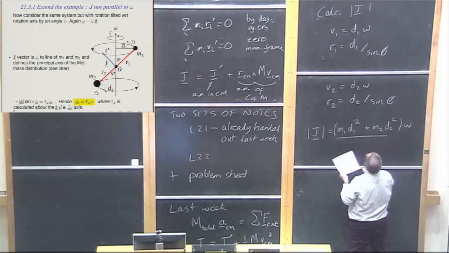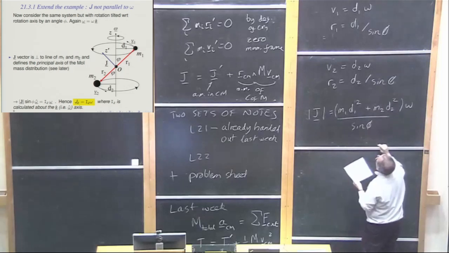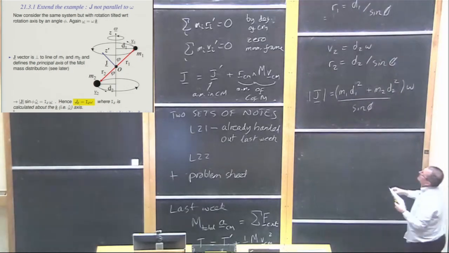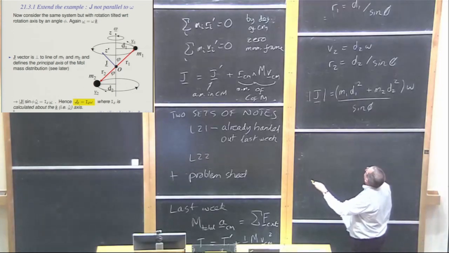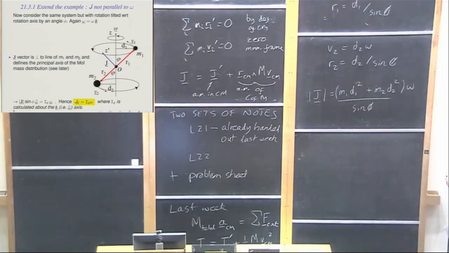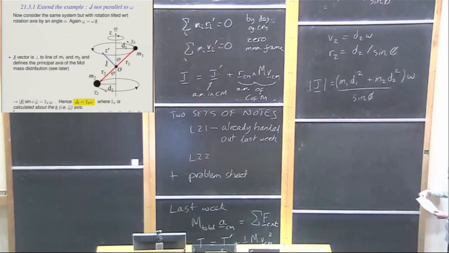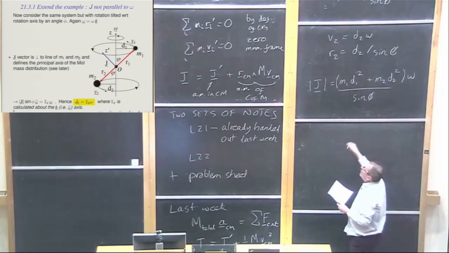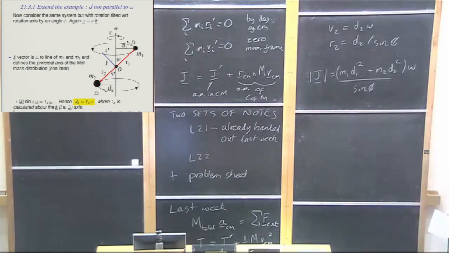It has this sine phi on the bottom, because J is R1 cross V1, and I've substituted in for V1 and for R1 and R2, hence we have it expressed in terms of D1 and D2 with sine phi on the bottom. So that's the magnitude of J.